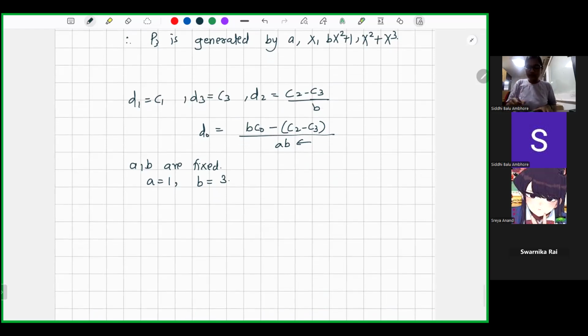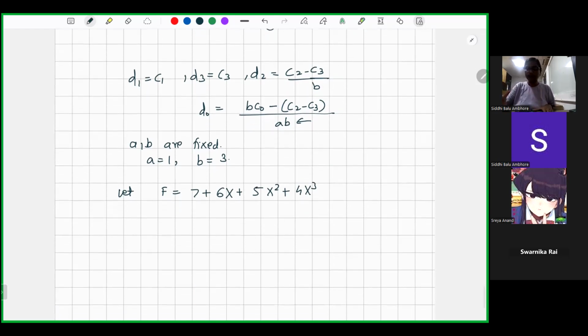And let f be some polynomial in P3. We do not need to think much, any polynomial we can take. Let me take 7 plus 6x plus 5x square plus 4x cube. Okay, this is my polynomial. Instead of this, you could have taken any polynomial.